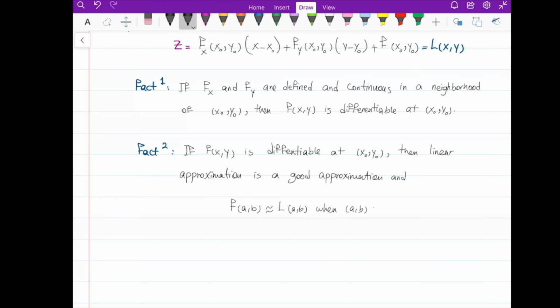A and b are close to x naught and y naught. Okay, so how do we use these two facts? Let's look at one example.